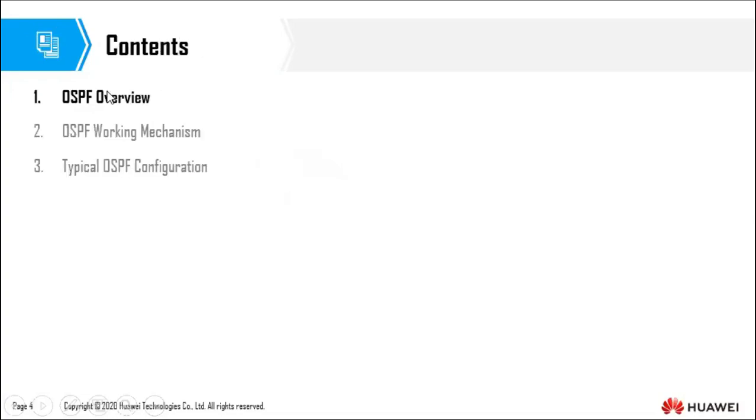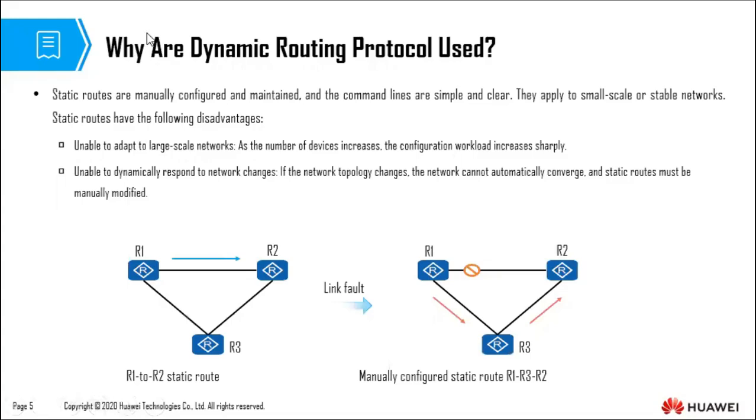Okay. So let's begin with an overview of OSPF. As we've already mentioned, static routes are manually configured and maintained. The advantage of static routes: command lines are simple and clear, but they only apply to small scale or stable networks. That is when you have a very small number of routers.